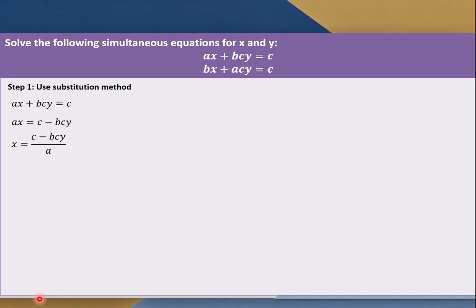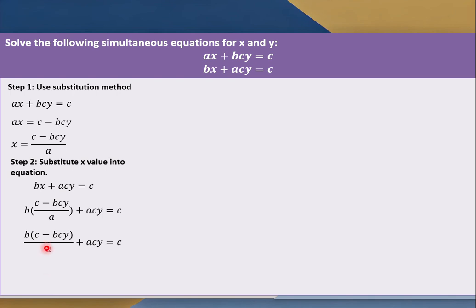The next step is substituting the X value into the equation. So I'm going to pick my equation that I've got. So I've got BX plus ACY equals C. Wherever I see X, which I've got here, I'm going to put this value in. Again, it looks like a pain, so we can simplify it. Remember, when we got something next to a fraction, it times us with the numerator. So this helps me out. The first thing before I do anything, I'm going to do two things.